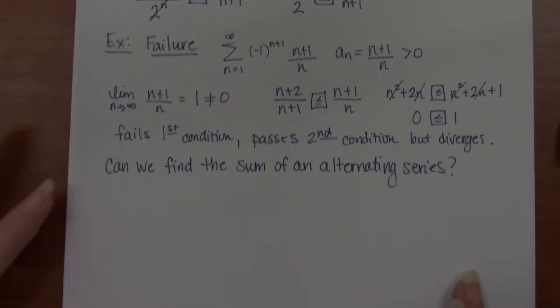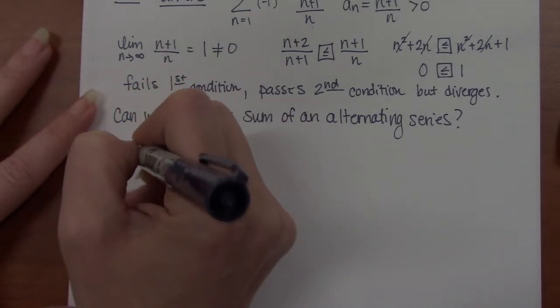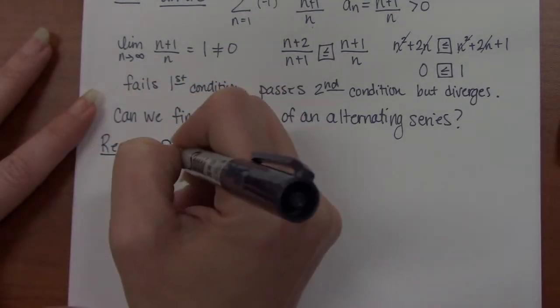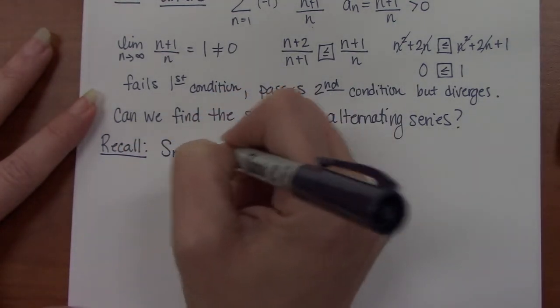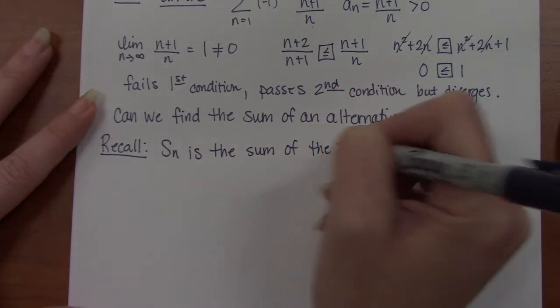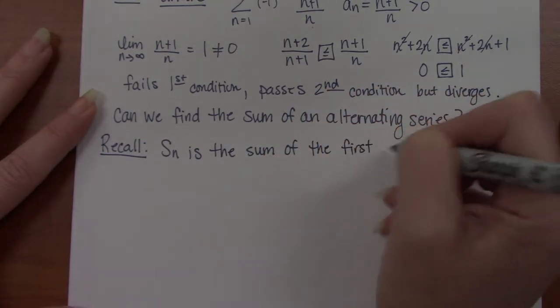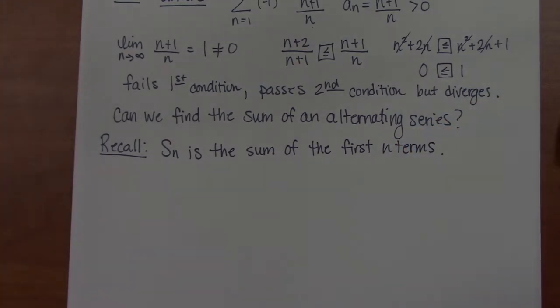So what we do, right, recall that S sub n is simply the sum of the first n terms.